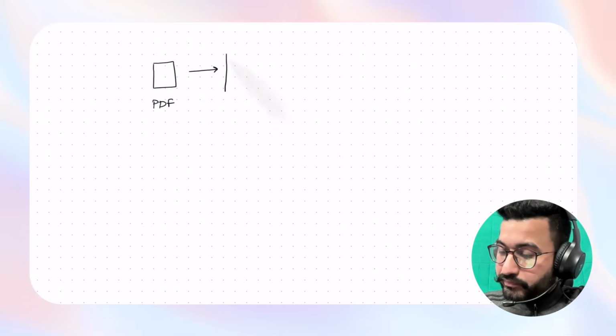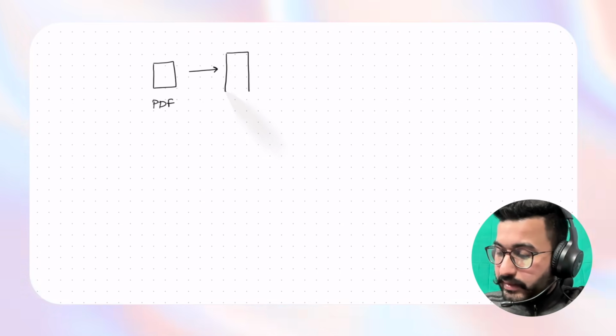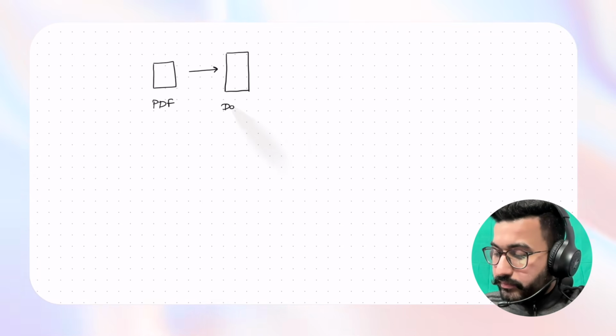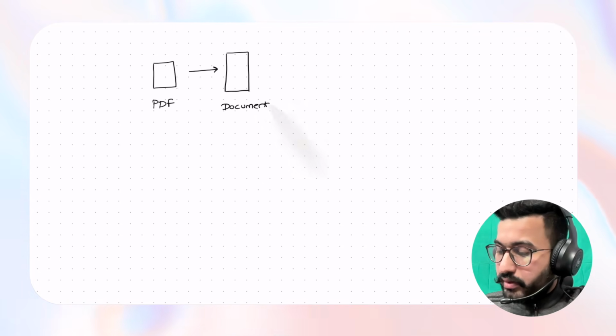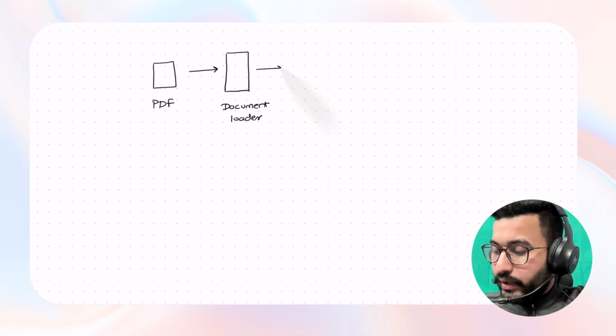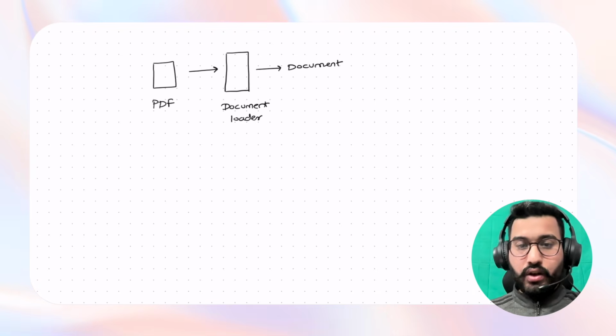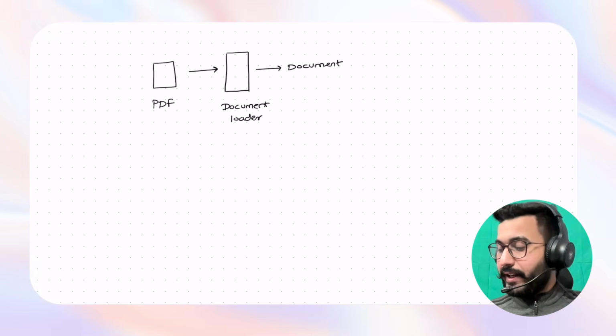And that is where we need these document loaders. Once they load it, it becomes a document data object, which is basically the data object of the LangChain library.